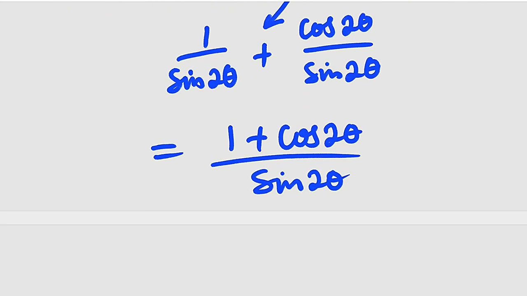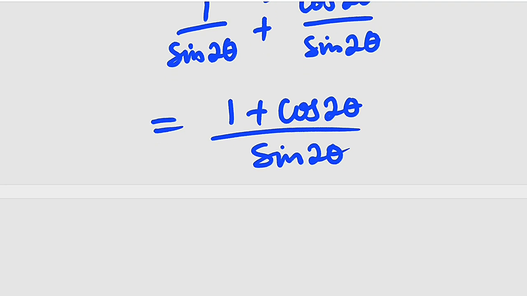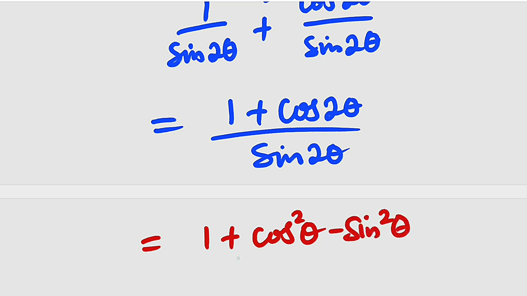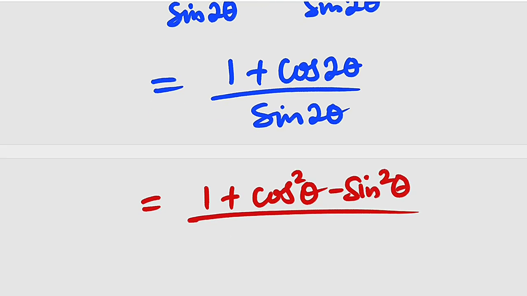We have two double angles for sine and cosine. Let us start with the cosine. To the top, we have 1 plus, this is the same thing as cos squared theta minus sine squared theta. And to the bottom, we have 2 multiplied by what? Sine theta cos theta.